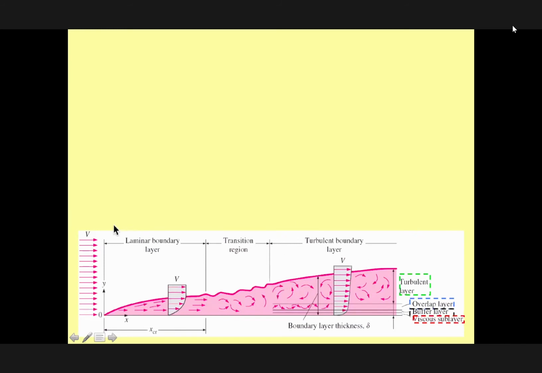Now assume there's another plate on the top. What will happen? You have a boundary layer also coming, going like this.